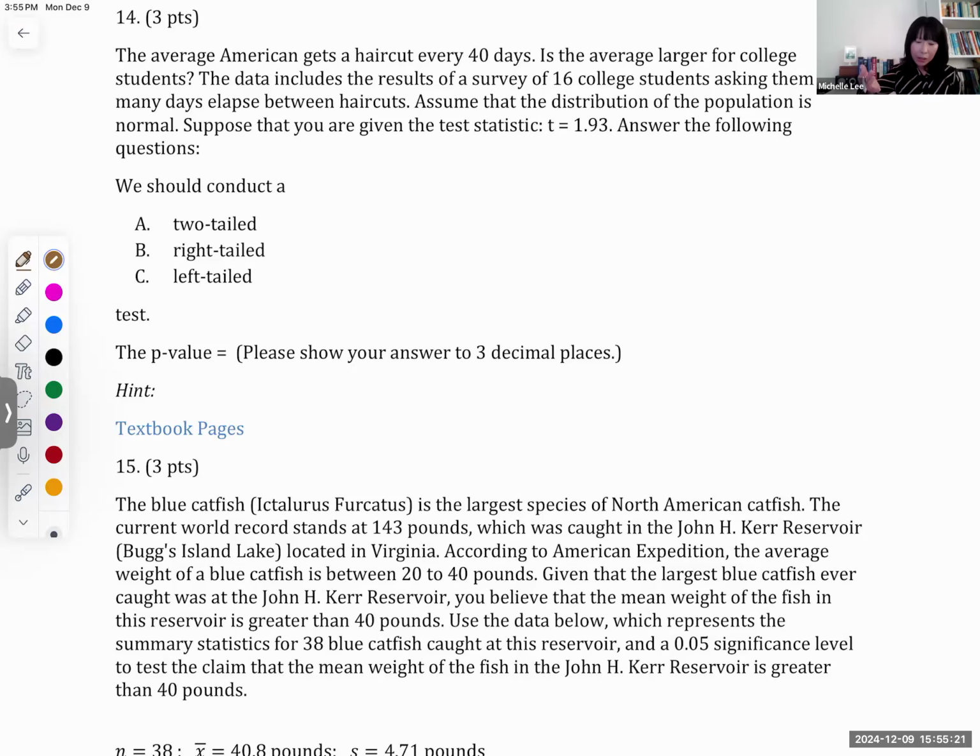In order to answer two-tail test, right-tail test, left-tail test, we have to set up the null hypothesis and the alternative hypothesis, right? This is 14.